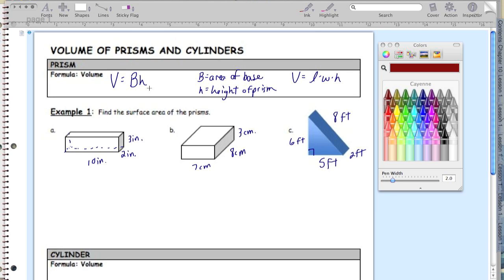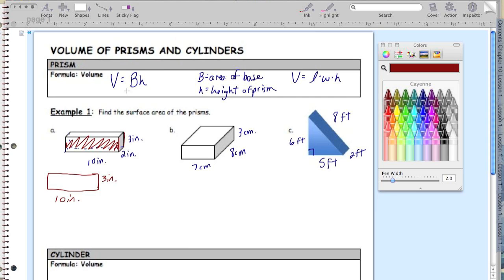First thing we need to do is select a base. So like we did before, just to stay consistent, I'm going to choose the front rectangle as my base. I'm going to sketch it out and label it: the bottom is 10 inches, and the distance going up the side is 3 inches.